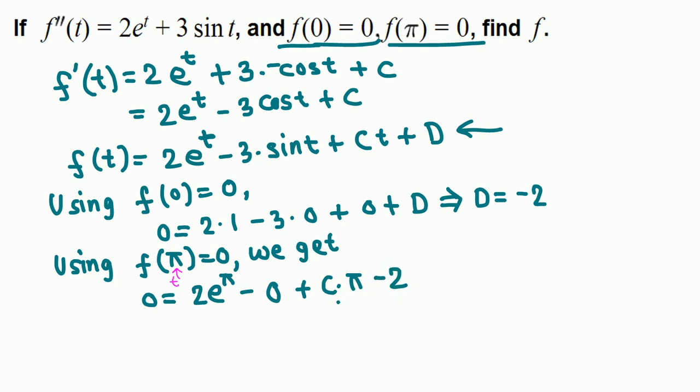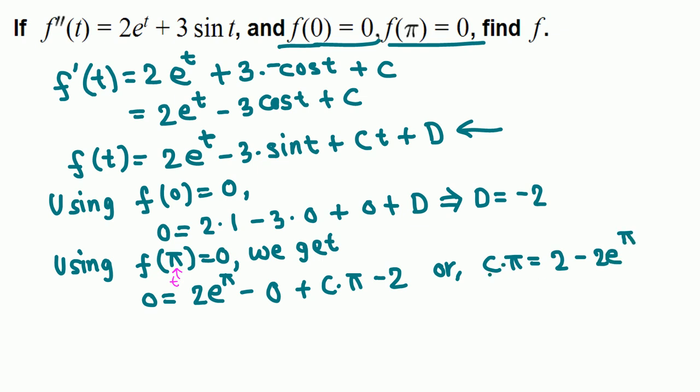Let's isolate c from here. We need to move this to the left side: subtract 2e^pi and add 2. Subtracting negative 2 becomes plus 2, so c pi equals 2 minus 2e^pi.